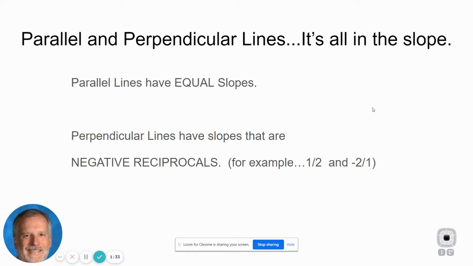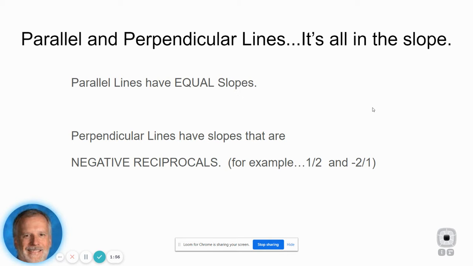perpendicular lines have slopes that are negative reciprocals. In particular, you might need to write down the part that's in parentheses. A negative reciprocal is where we take a fraction and we reciprocate it. The way that you might say it, and this is not mathematical, is you take the fraction and turn it over, or you flip it.